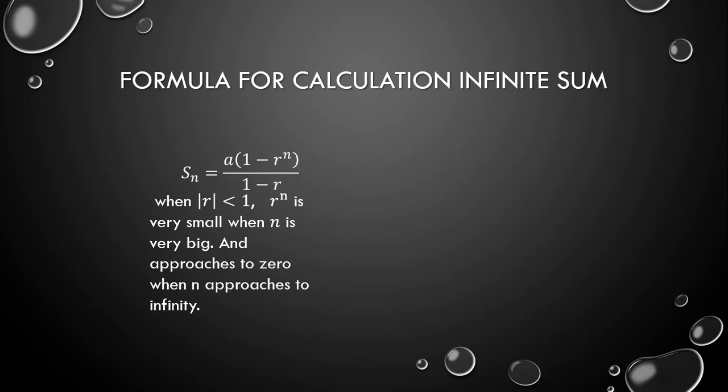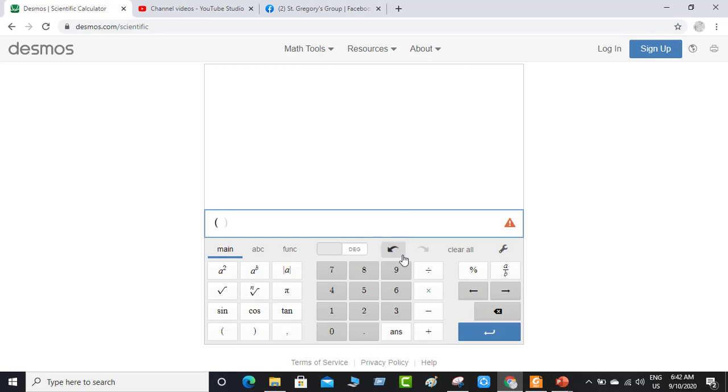To understand this, let us go to a calculator. Suppose you take the value of r equal to a number between minus 1 and 1. I will take 0.4, which is between minus 1 and 1. Now I will put the power 3.